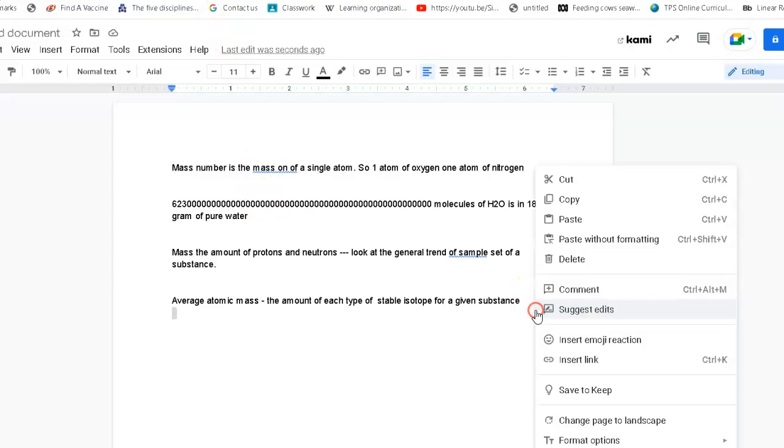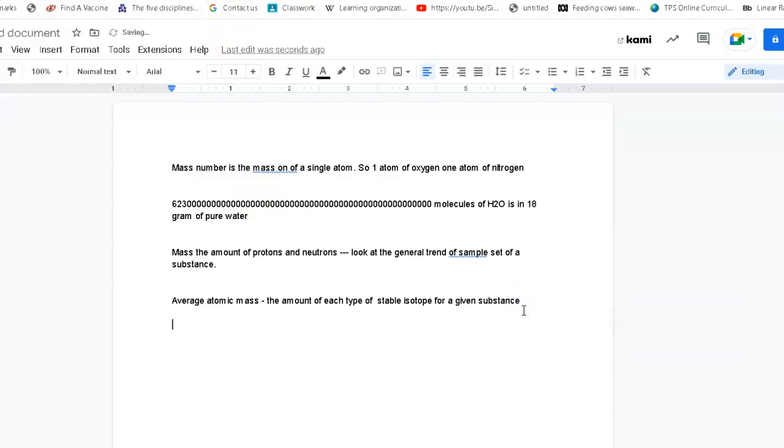Each element is going to have a different variety. If it's not stable, then it's going to degrade into another element. That's for later on. Probably if you go on to college, you'll learn the nuclear chemistry behind that.